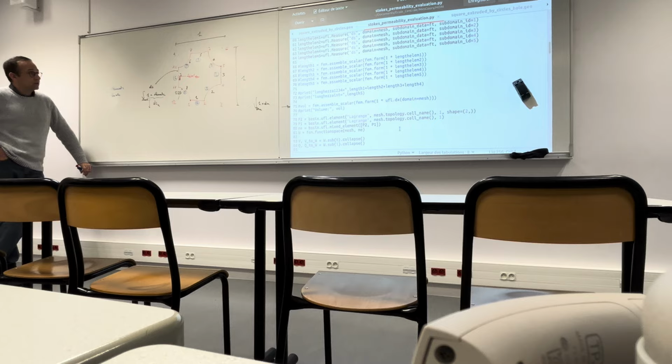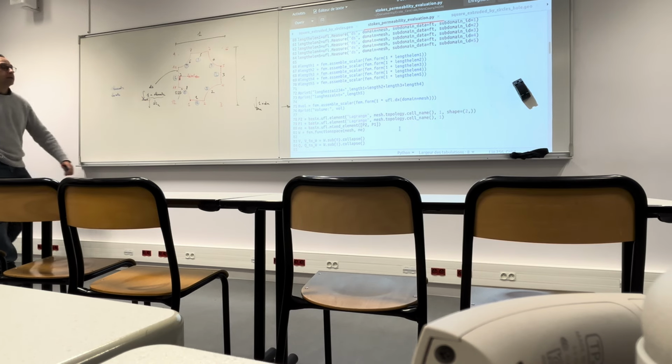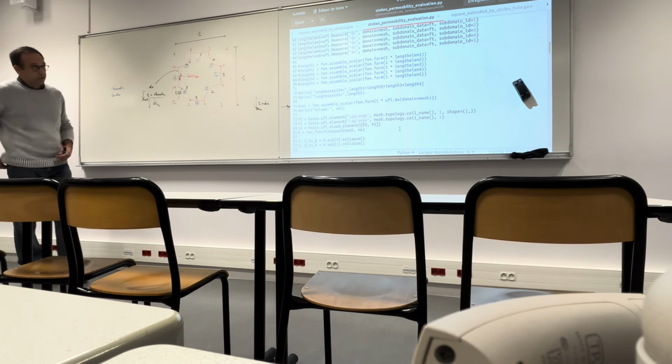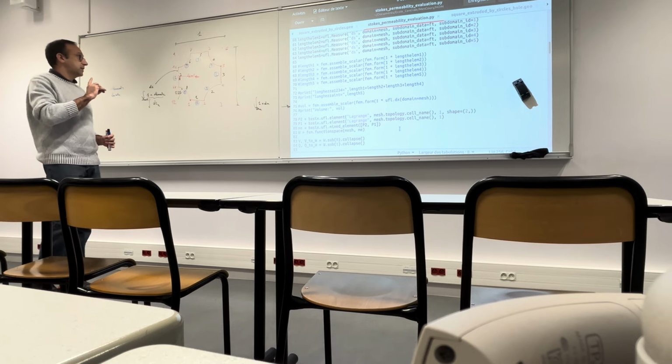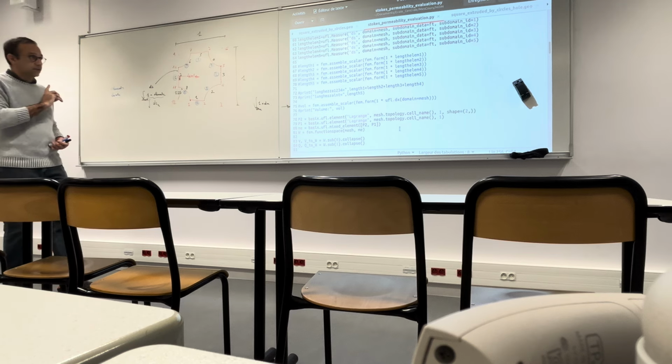Okay, so these are just preliminary steps to correctly import the mesh, and to verify that everything is working correctly. So we checked a couple of things that are important.